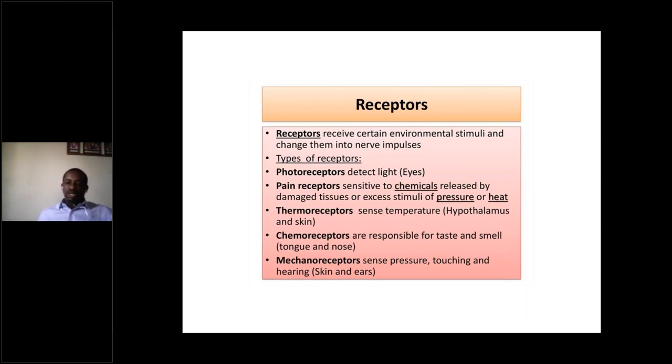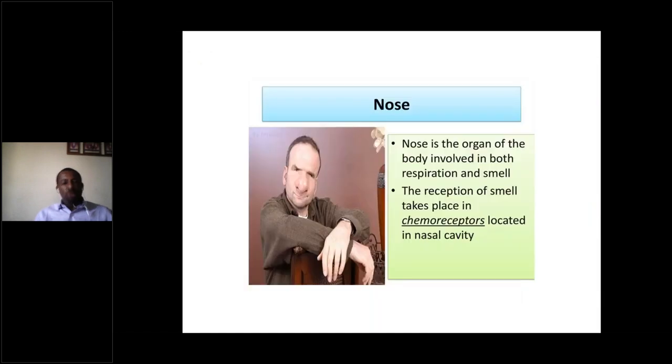So these smells are all chemicals. Good smell, chemical. Bad smell, chemical. That's why when you get some butane and benzo and alkaline and mix them together, you have beautiful fragrances, beautiful perfumes. So the nose has chemoreceptors located in the nasal cavity.